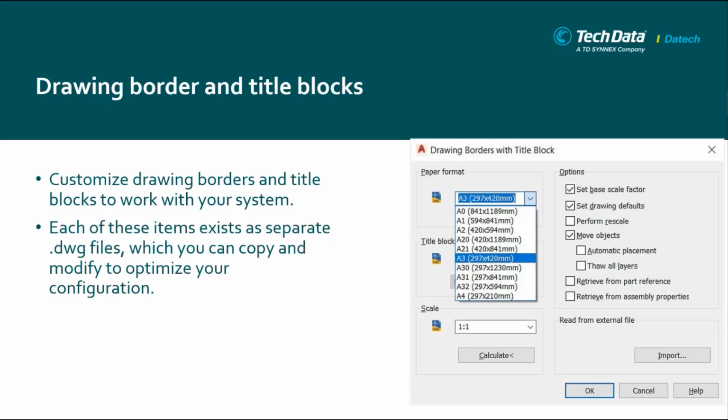This command ships a set of drawing borders into your drawing files for each supported drafting standard and paper size. For example, the drawing border for A4 landscape for the JIS standard is JIS_A4L drawing. So you can copy those files and customize them and configure your system based on your customization of your drawing borders.